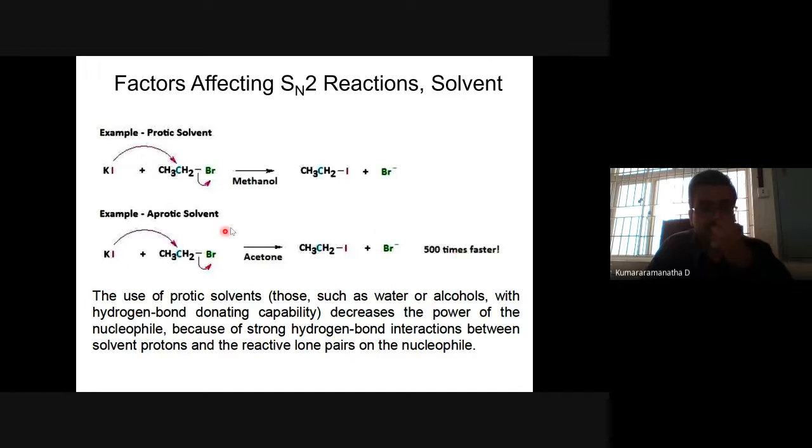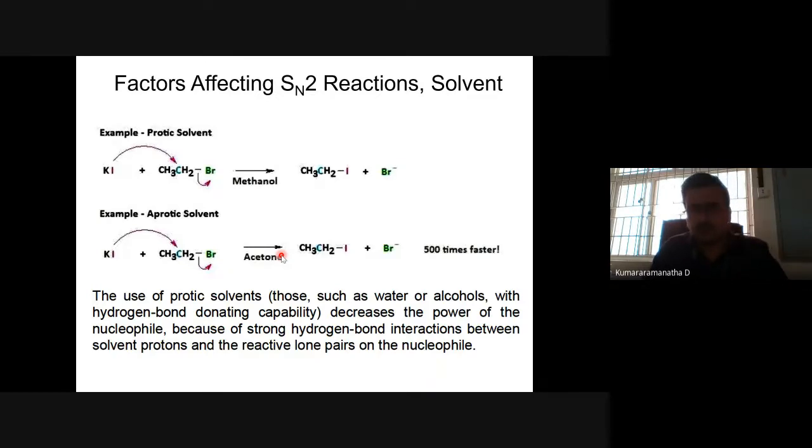With protic solvents like methanol, where you have hydrogen in OH, they decrease the power of the nucleophile, because they form very strong hydrogen bonds with the solvent protons. You don't have any such thing in aprotic solvents, due to which the reaction rate is enormous.